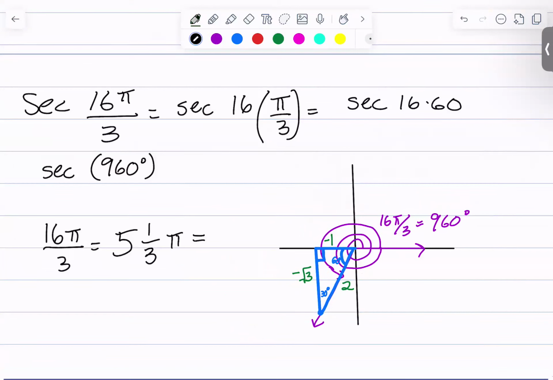Secant, we can think of it as one of two ways, the reciprocal of cosine, or r over x, which is 2 over negative 1, which is negative 2. Yeah, and then whatever trig function I give you, cosine, sine, tangent, cotangent, cosecant, we can base it off of this triangle. Okay? Make sense? Questions?